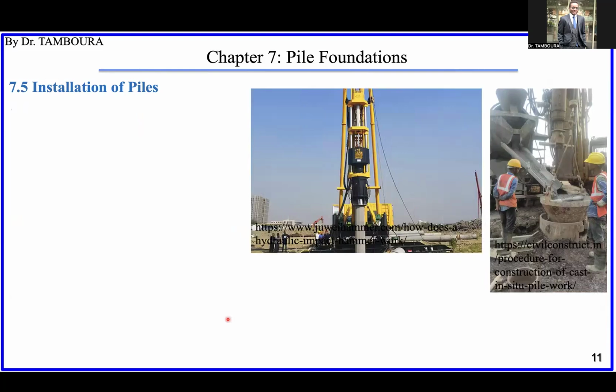So we have several ways of installing a pile in the ground. We have driving, where the pile is driven in the soil, or the pile can be bored, like this. Here, you don't make a hole at all. You don't need any ground preparation. You just put your pile at the surface and hit at the top, and the pile is penetrating.